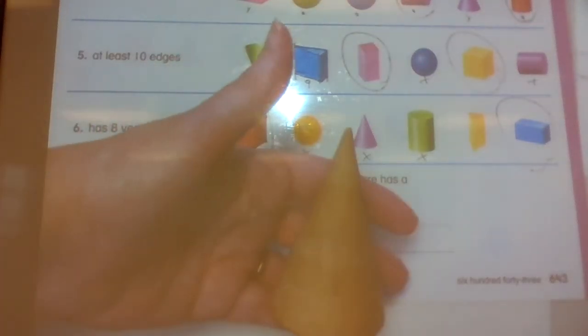Is there a shape that has a vertex and is curved? I believe there is, and it is a cone. Vertex right here on the end, and it can roll. So was Ricardo correct? No, he was not. Ricardo was wrong.